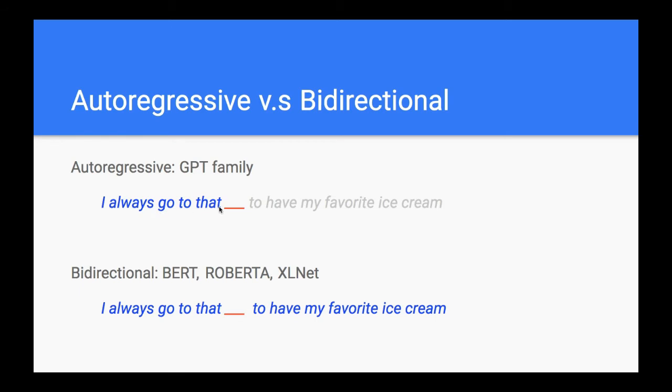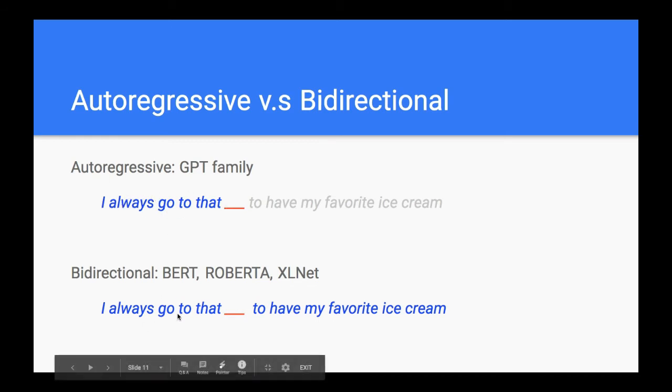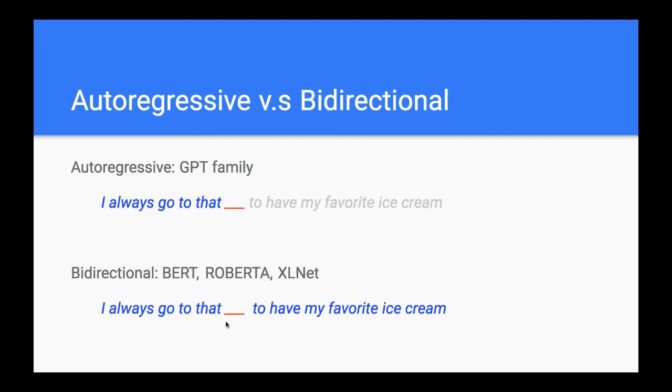So in this case, GPT will only have the previous context. In "I always go to that", the word "restaurant" is quite hard to predict in training, because you only have the previous context. But if you have the future context, it's quite easy to predict that the word should be restaurant or shop or some other related thing. This way is called bidirectional language models.